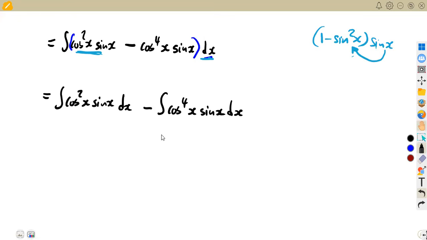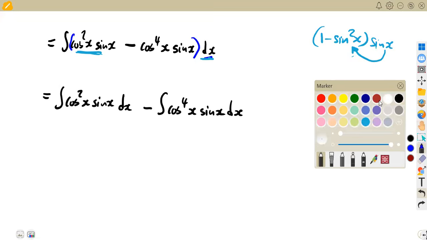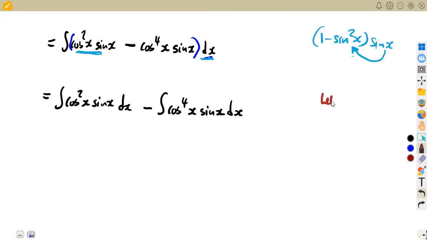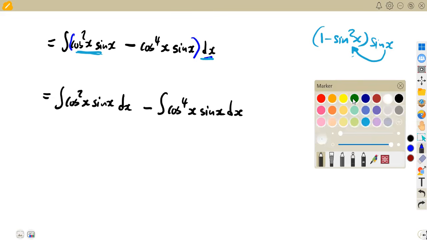Now we can make our substitution. We can let u be equivalent to the cosine of x. That means here we are going to have u, and here we are going to have u. But remember what I said, whenever you introduce u like this, dx is also supposed to carry a u. So in order for you to have dx, we are supposed to differentiate this part with respect to x.